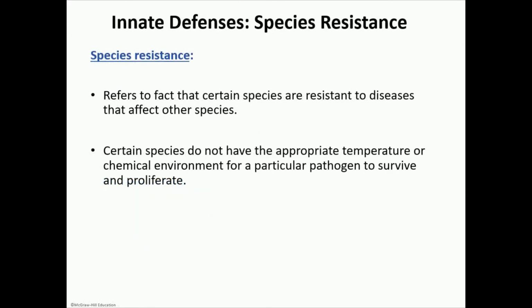So we're going to talk first about the innate defenses. The first one on the list is species resistance. Species resistance means that a germ is confined to a certain species and cannot be transmitted to another species. This really has proven to be broken.